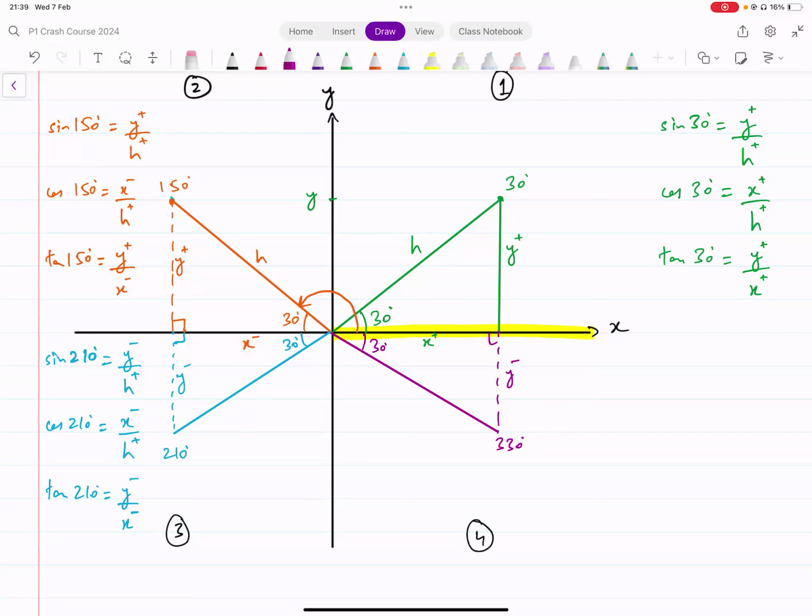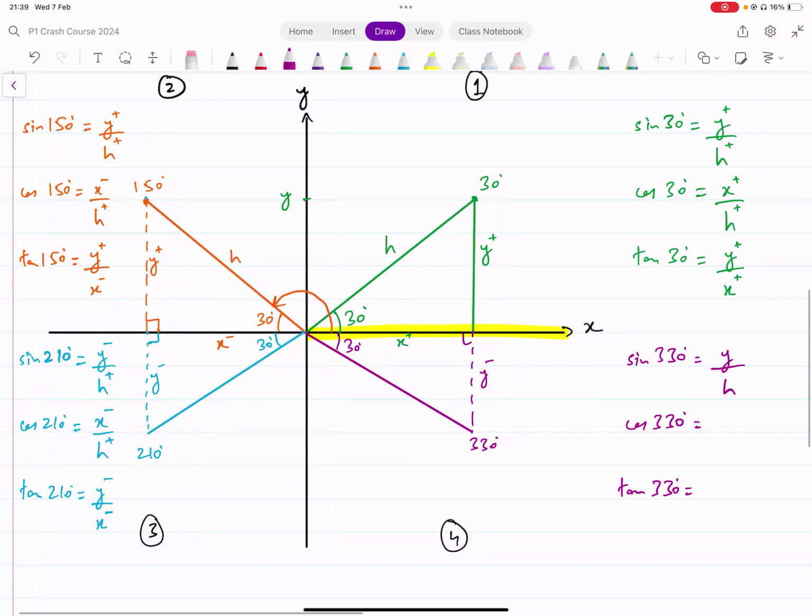And you could write down sine of 330 and cos of 330 and tan of 330 here. Sine is defined as y over h, cos is defined as x over h, tan is defined as y over x. Now here you see y is negative, h is positive, so sine becomes negative. X is positive, cos is positive, y is negative, and x is positive, so tan is also negative.